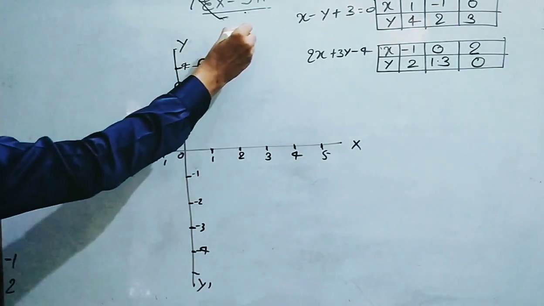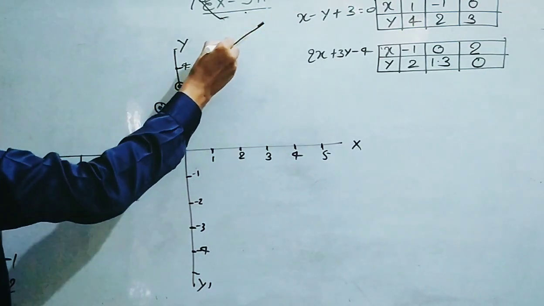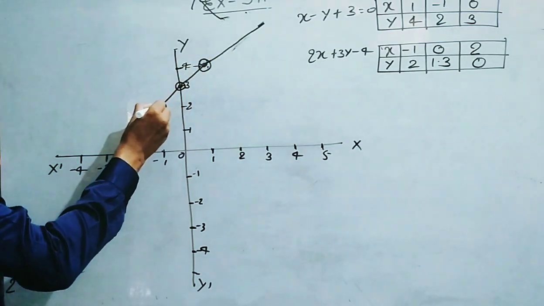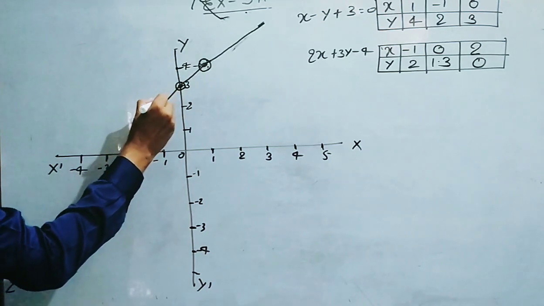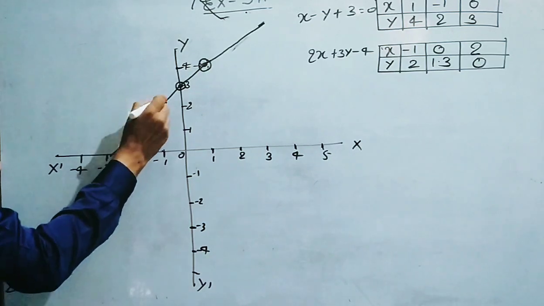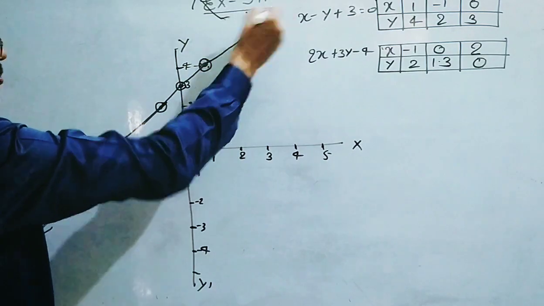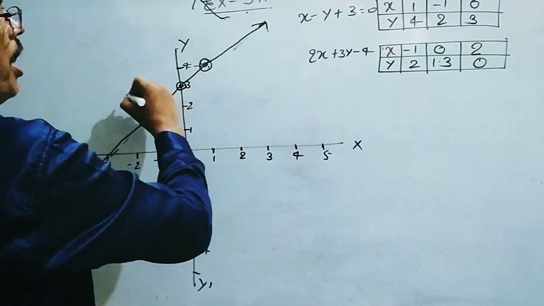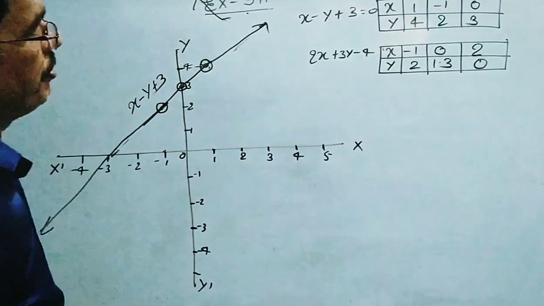So you draw a line like here, with the help of a scale, and write its name: x - y + 3 = 0.